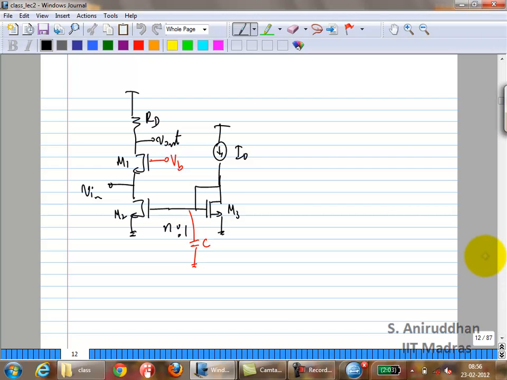Did we talk about this in class? We did a current mirror biasing a common source in this case, or a common gate in this case, right? We discussed the noise. We said that both M3 and M2 will appear at the output. We talked about what happens when you add a capacitance. If you add a capacitance, then M3 noise goes away and you get only M2 noise. Remember this? Right?